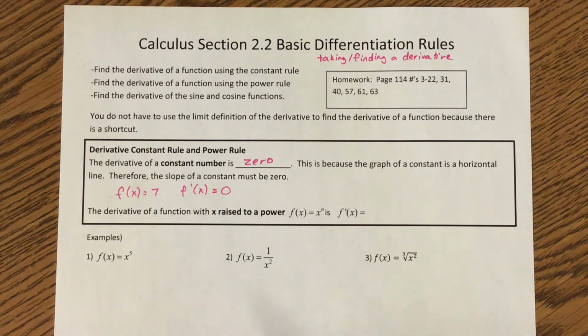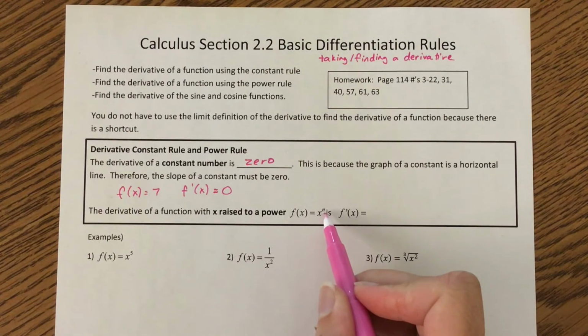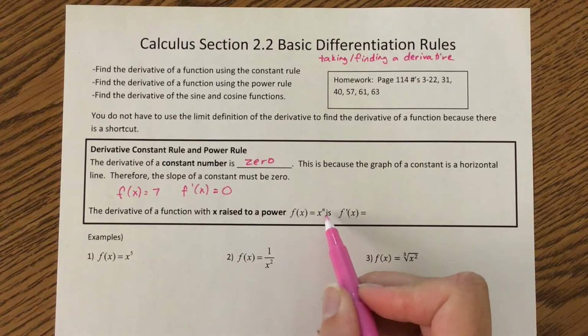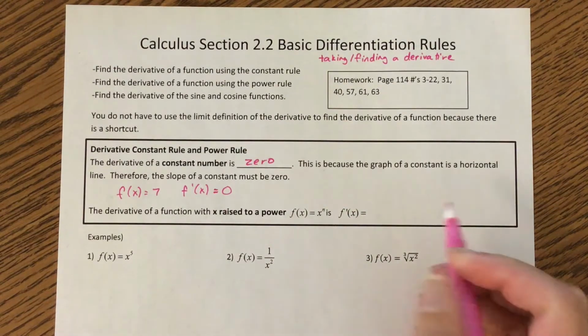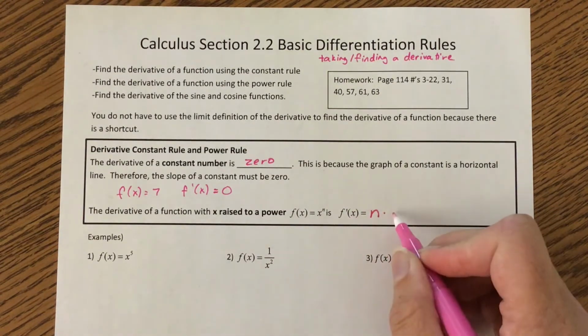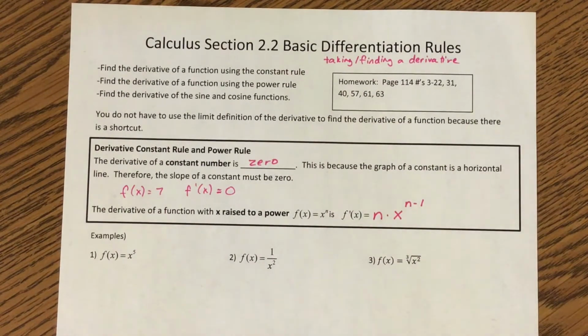The next thing is the derivative of a function with x raised to a power. So n is going to be some number. It's going to be like a 3 or a 7 or a 1/2 even. Okay, f prime of x is going to be n times x to the n minus 1 power. Now that sounds a little intense, but I promise that this is going to be the thing that you remember.